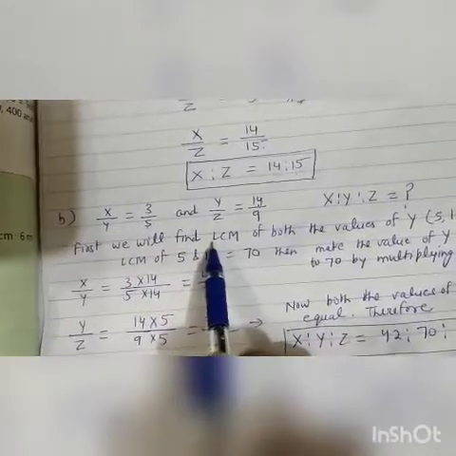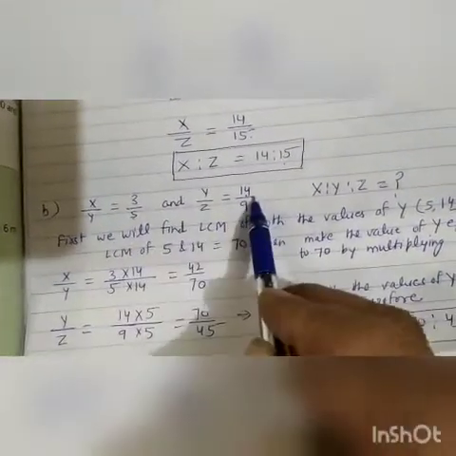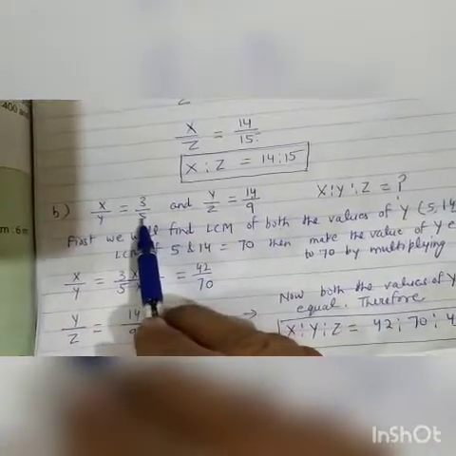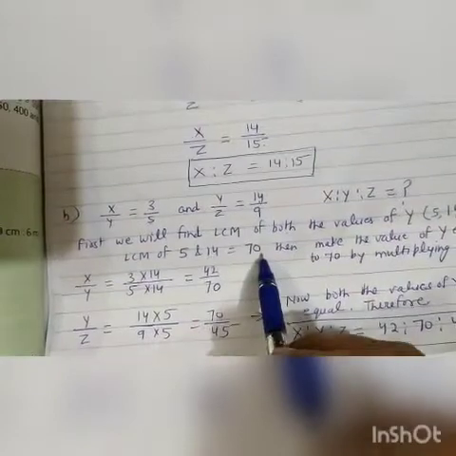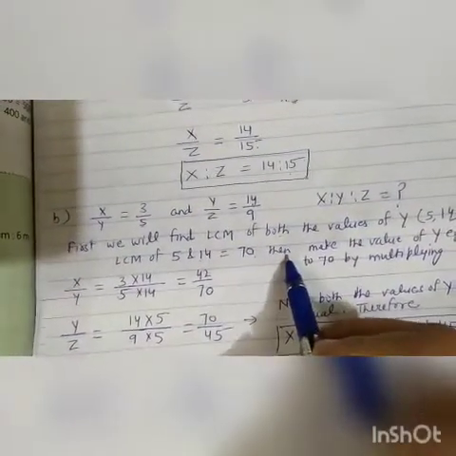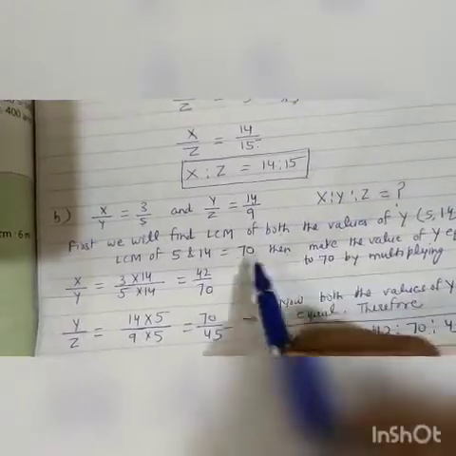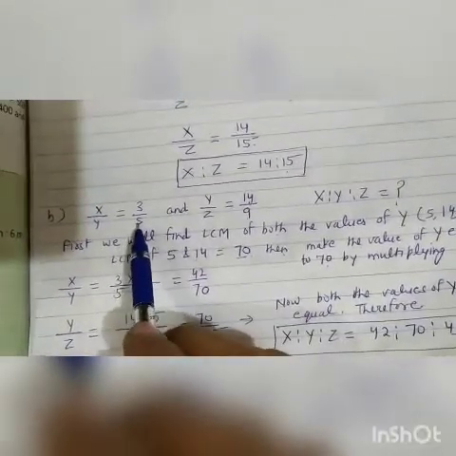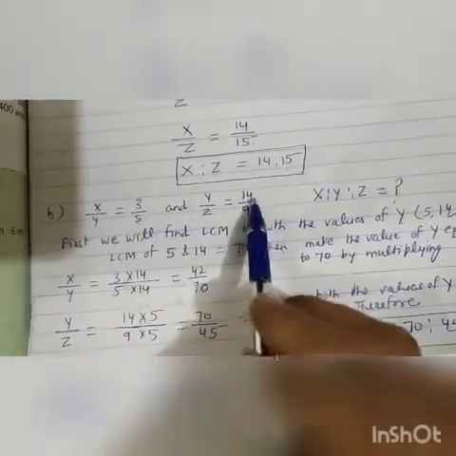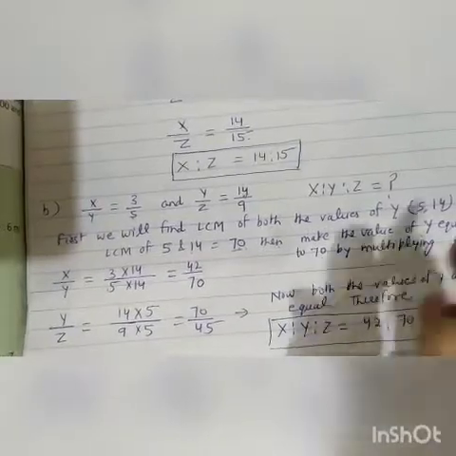First we will find the LCM of both the values of y, that is 5 and 14. The LCM of 5 and 14 will be 70. Then make the values of y equal to 70. After finding this LCM, we will make both these values equal to 70 by multiplying.